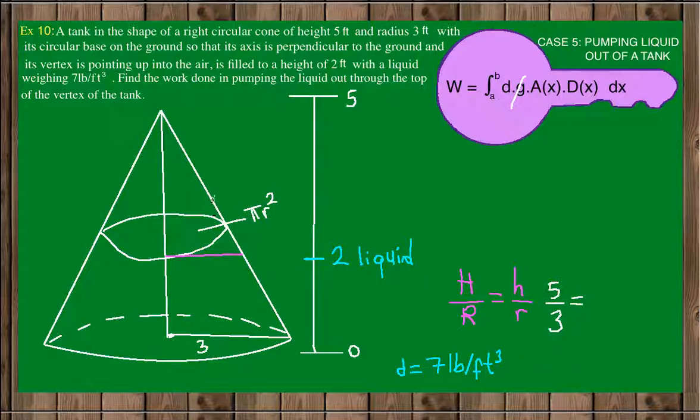Equals the height of the small triangle, which is the orange line here, is 5 minus x, because that's the ith slice. This is the ith slice traveling up.